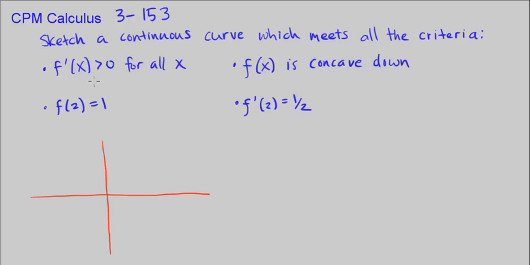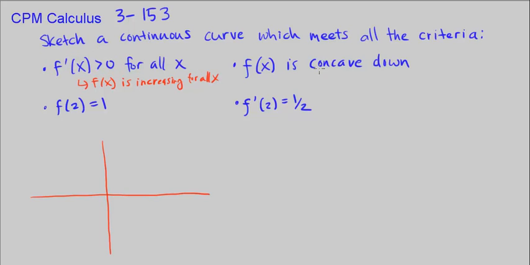That means f of x is increasing for all x. Because if f of x is increasing, then f prime of x is greater than 0.